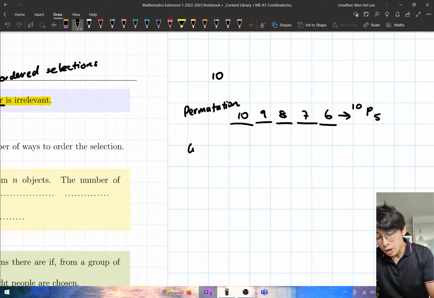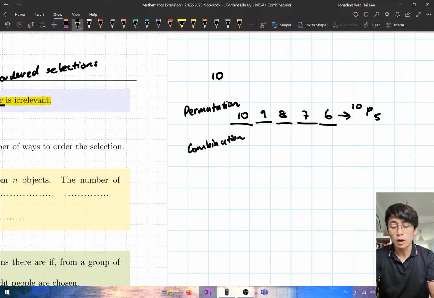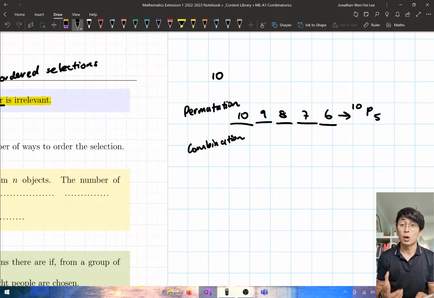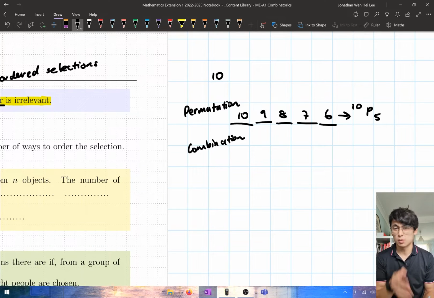With a combination, however, it doesn't matter the order that they come in. We just want to see what group of 5. So the way I like to think of it is a permutation is like we're ordering them in a line. A combination is like we're selecting a team of 5. It doesn't matter what order they come in.